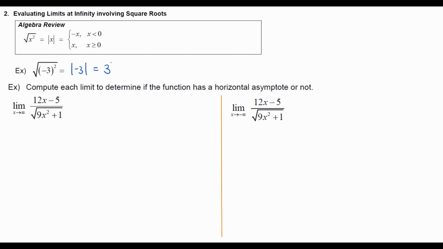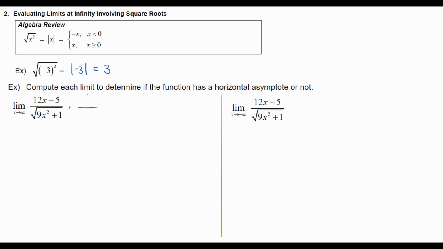So substituting infinity for x doesn't work here. So we're going to multiply by a quantity 1 that uses the highest power of the denominator. And in the denominator, since you have a square root of something, the highest power is the square root of x squared.